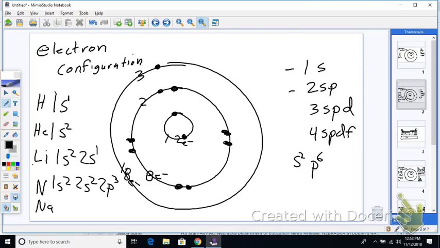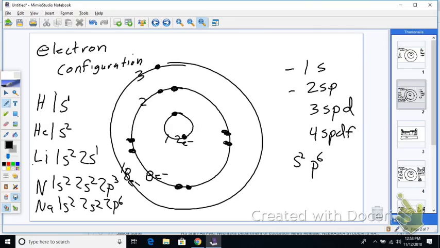For sodium, there's 11. 2, there's 8 there, and there's 1 there, now that's up to 11. So here we go. 1s2. Then we go 2s2. That would be one of these pairs. And then we go 2p6. The p's can hold 6.